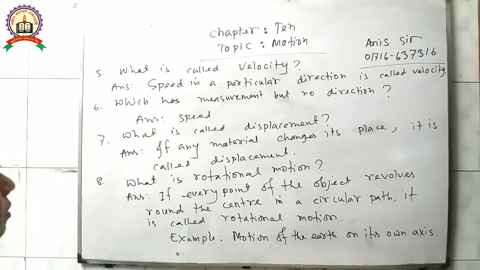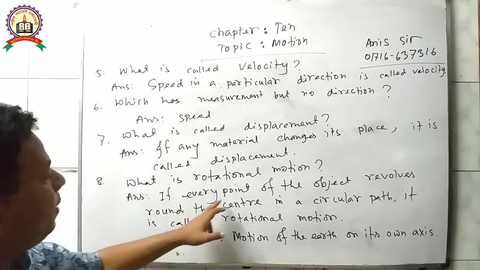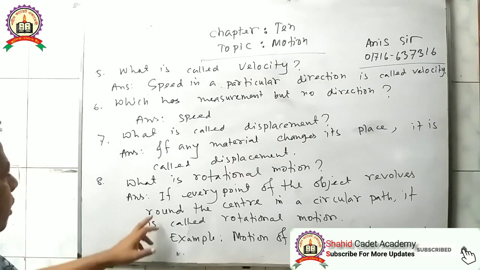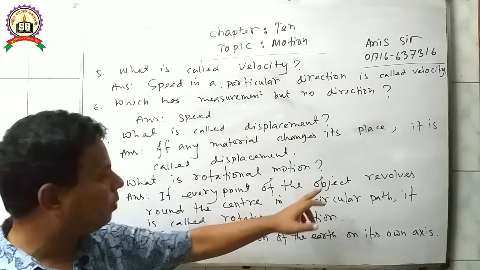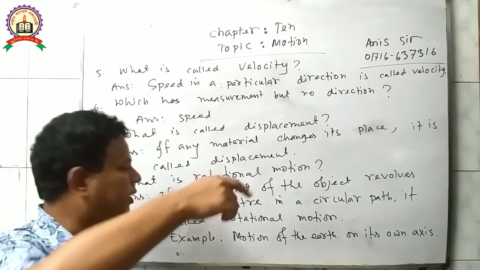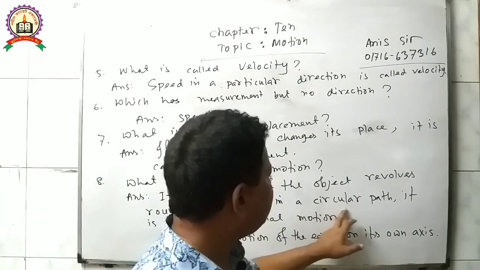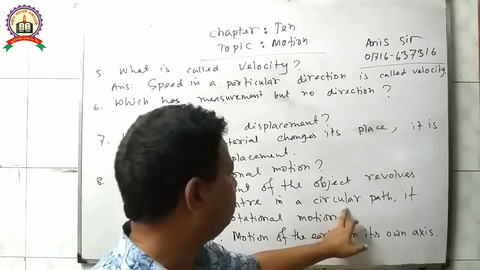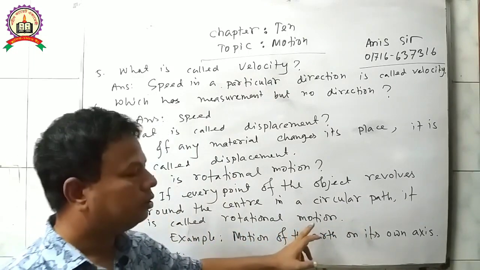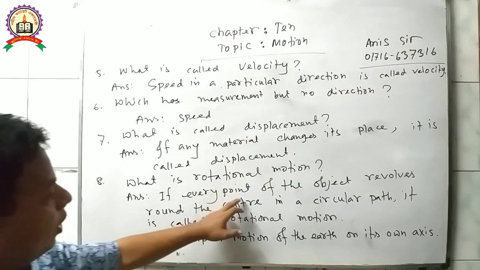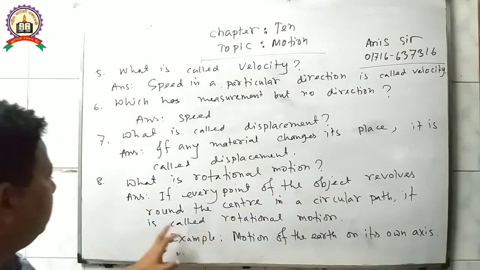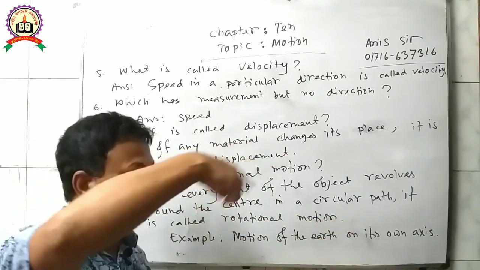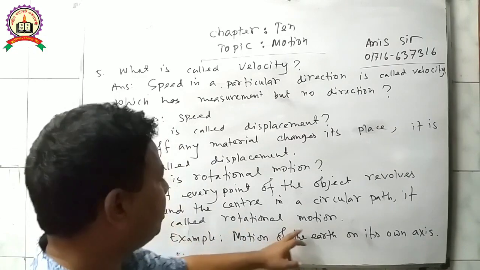Answer: If every point of the object revolves round the center in a circular path, it is called rotational motion.